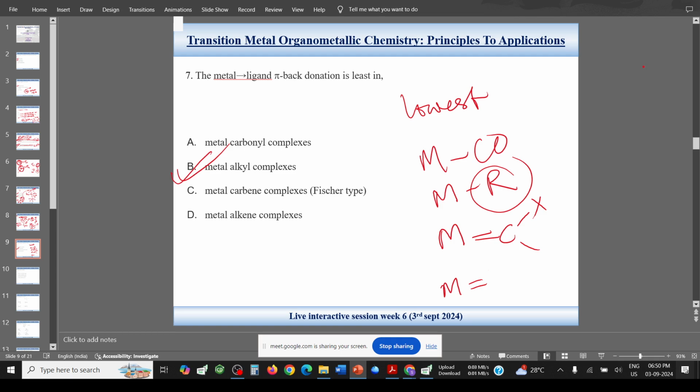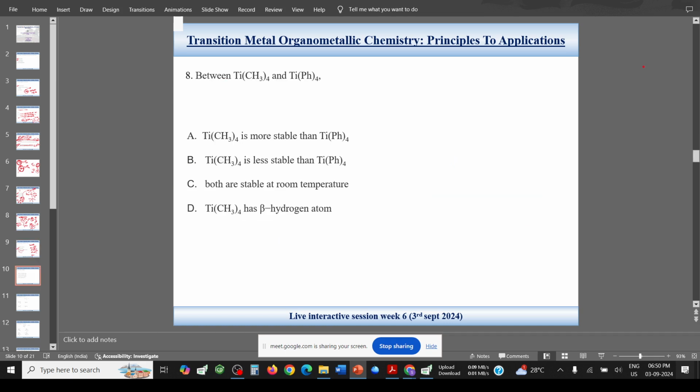So the pi back donation for alkyl complexes will be the least, whereas the other complexes, carbonyl, carbene, alkene, already have their own pi star orbital, so they can accommodate the back-donated electron from the metal. Okay. The next question is between Ti(CH3)4 and Ti(Ph)4, the stability. Which one is more stable, which one less stable?